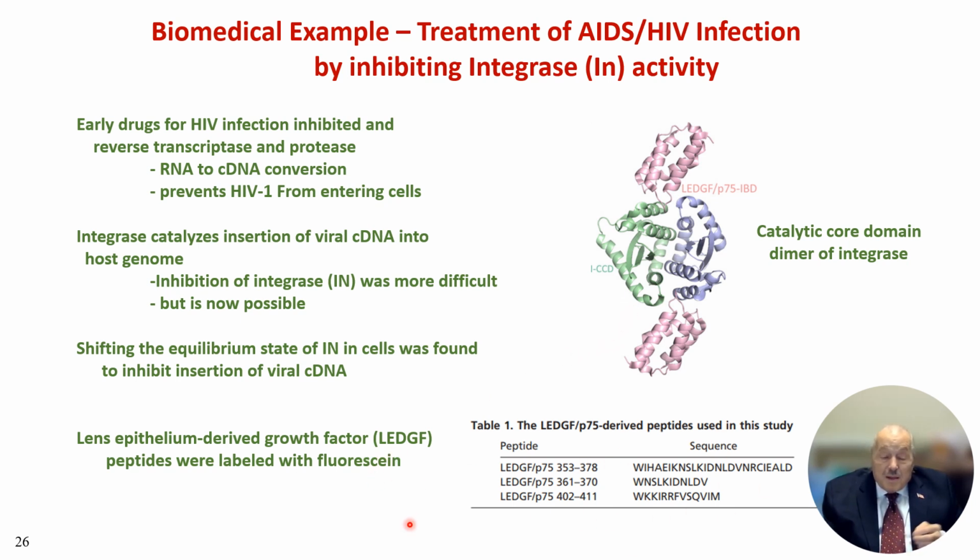So these peptides are shown here. They're relatively small peptides, and they could inhibit the integrase, this is a catalytic unit here, its activity by these derived peptides binding to it.